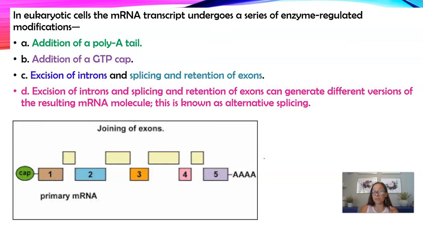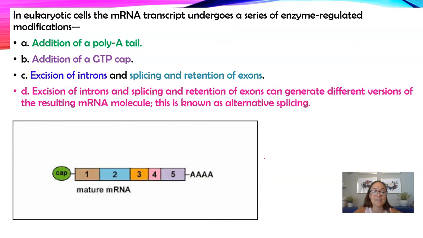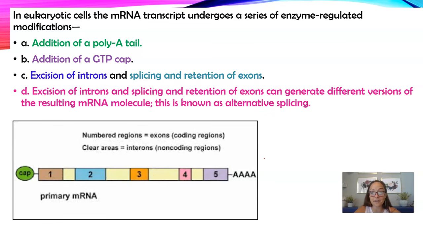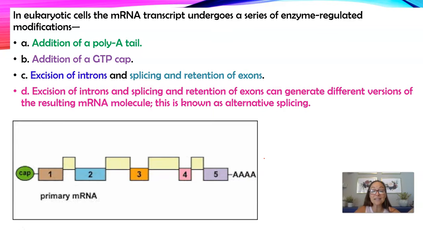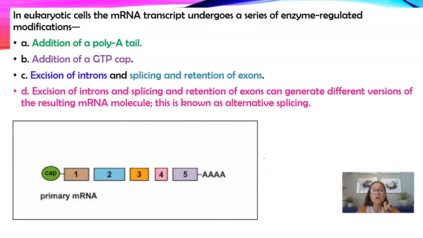They're in between the important parts, so we want to cut them out. What you can see in this GIF here is we start with a primary mRNA. Here we have exons that are numbered, and the light yellow are the introns. So we're going to splice out introns and then splice together the exons.